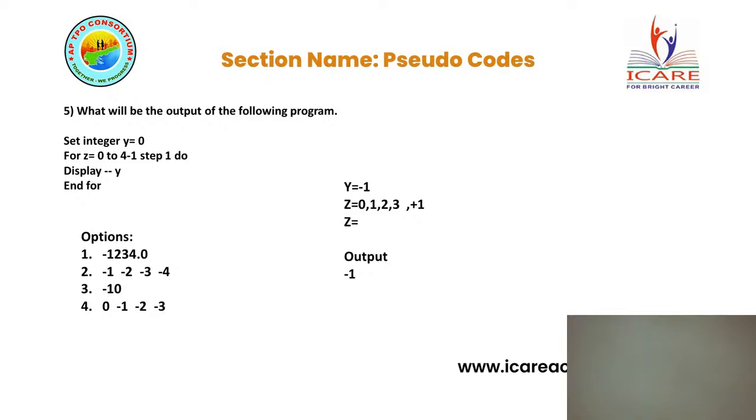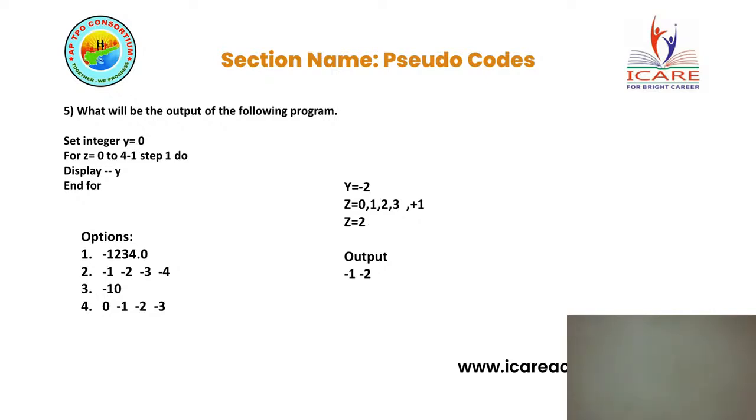Next plus 1, z equal to 1. So we have display minus minus y. We have minus 1 as the value of y, so minus minus becomes minus 2. Whenever we display it, we get minus 2. After that, z is incrementing up to 2.